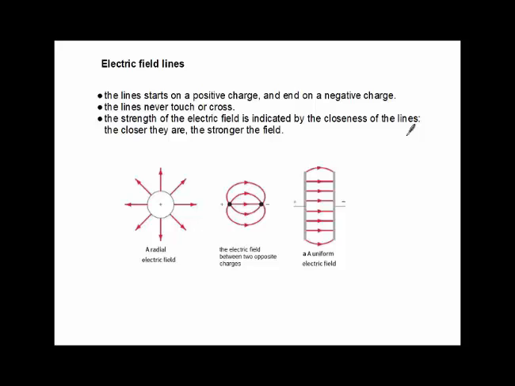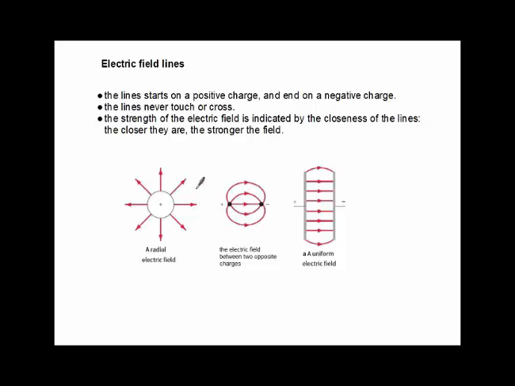What does this mean? That as the lines are closer to each other, the stronger the field is. This means here, for example, near this charge, the lines are closer to each other, so the field is stronger. As we get farther from the charge, they are separated from each other with some distances, going farther and farther.